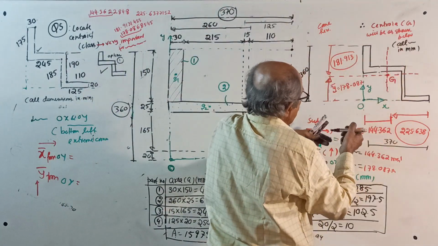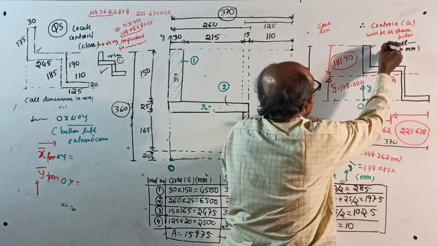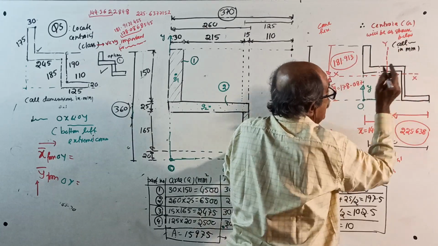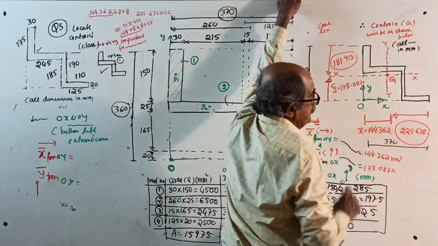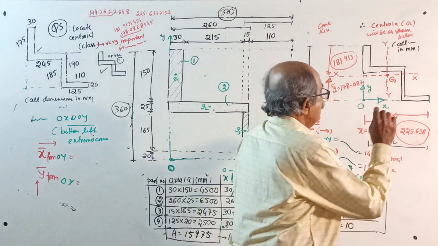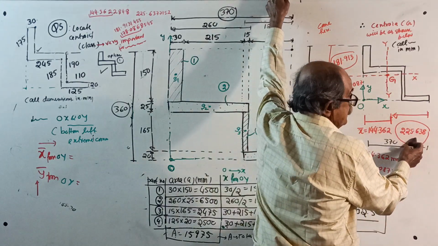Later, when you go to moment of inertia, this will be called the YY axis and this the XX axis, not now, later. So this is X bar, 144.362, total 370. If somebody wants the answer from that side, subtract this one from 370 and you get this distance.